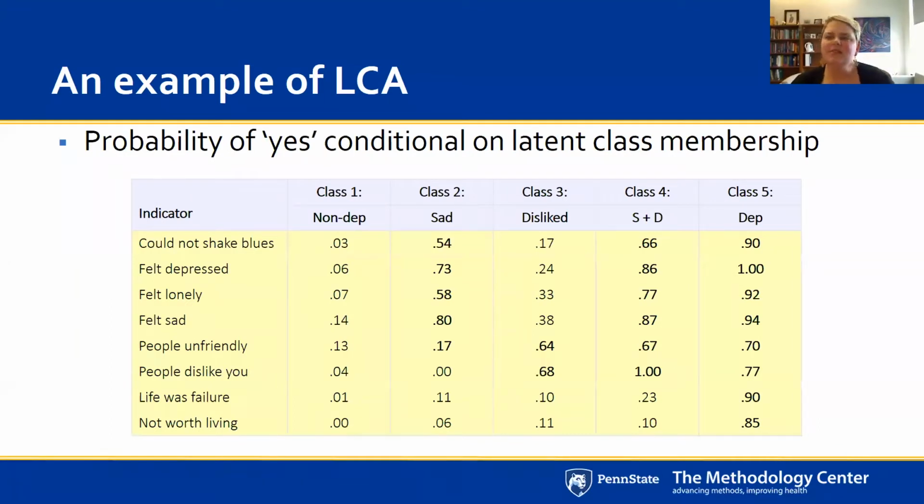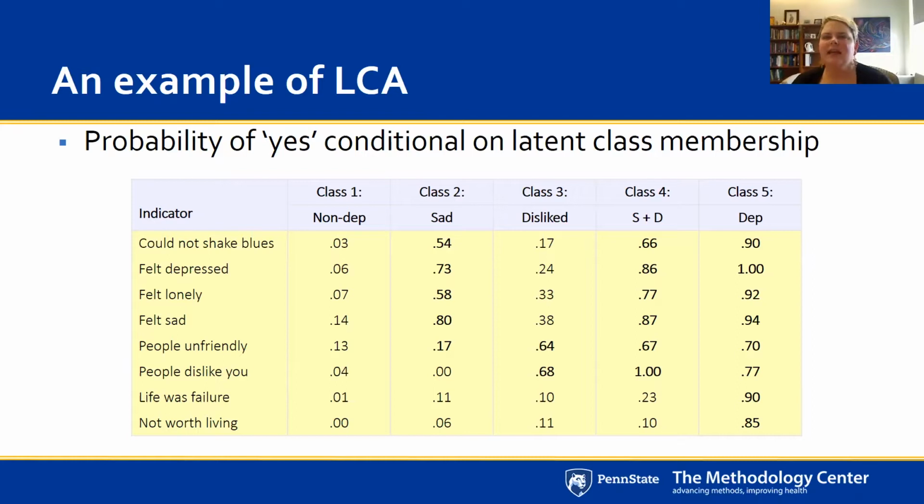So if we're still talking about LCA, you might be curious how we come up with the labels for these classes. As you know, in the previous slide, there are 2 sets of parameters. The first one are those prevalence rates that I just talked about, and that's how big the classes are in the population. But the measurement parameters are the item response probabilities in latent class analysis, and they're conceptually similar to factor loadings, and they're how we give the classes names.